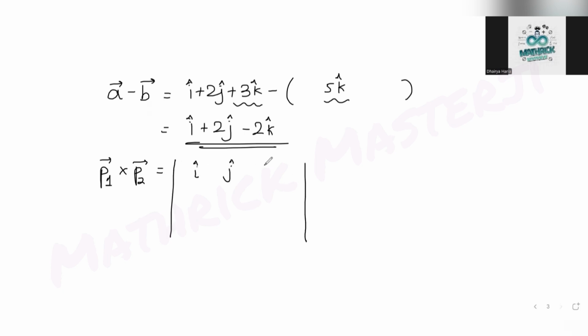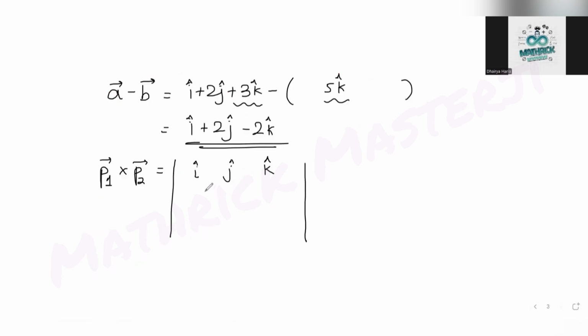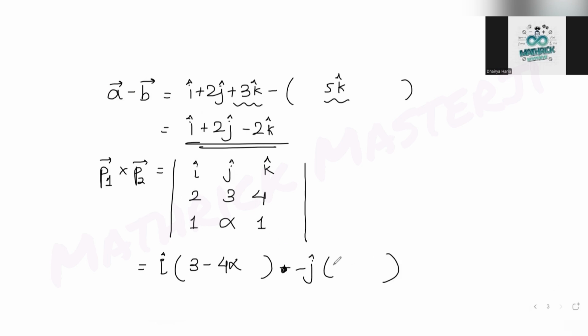To find the cross product, we write the first row i, j, k. Second row, we write 2, 3, 4. Third row, we write 1, alpha, 1. So I get i times (3 minus 4 alpha), minus j times (2 minus 4), which is minus 2, making it plus 2j, and plus k times (2 alpha minus 3).